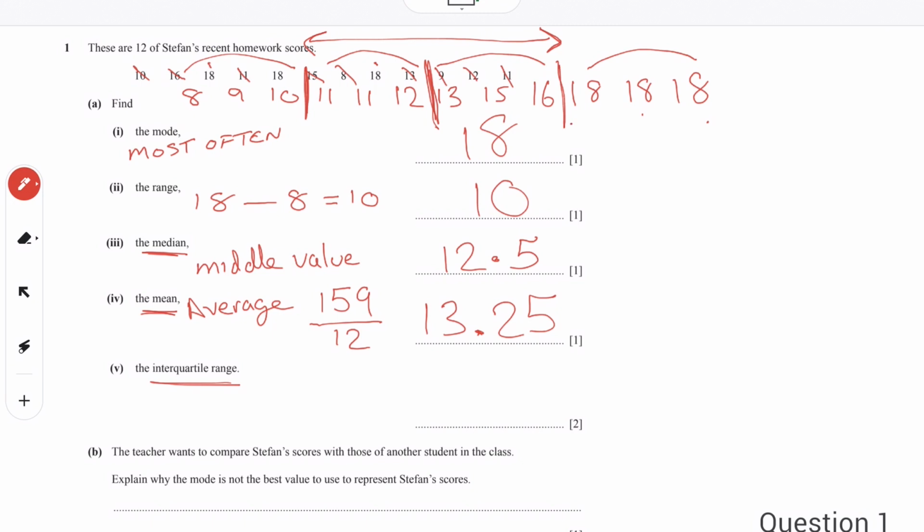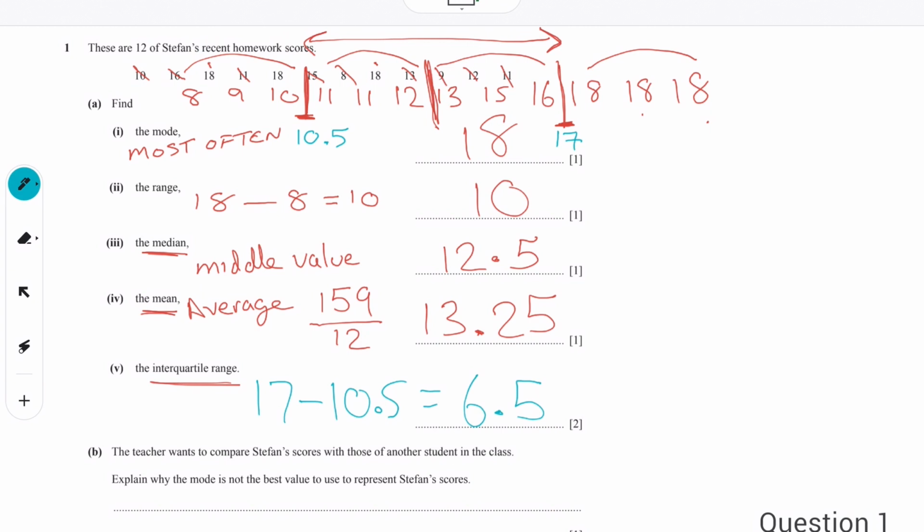A number between 16 and 18 and a number between 10 and 11. So in this case, we're going to have 17, and here we're going to have 10.5. So if I go 17 minus 10.5, then the answer should be 6.5.